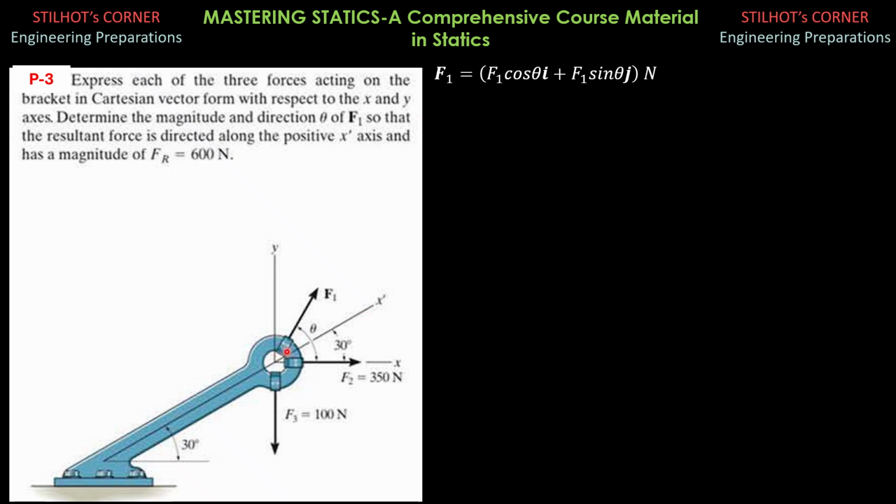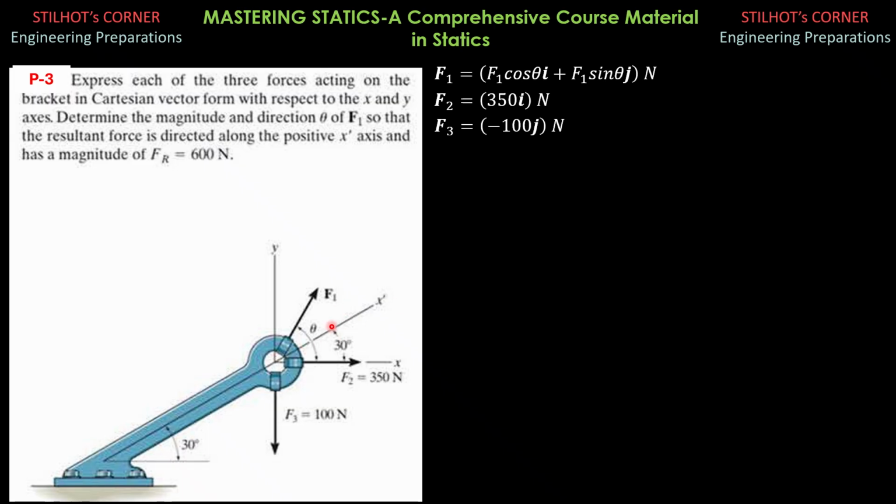That's F1, rather. So in vector form, these are just the magnitude, boldface, that's the vector. F2 is 350 i, it is directed rightward, so it is just 350 i newtons. Then F3 is 0, but it is negative 100 j newtons.